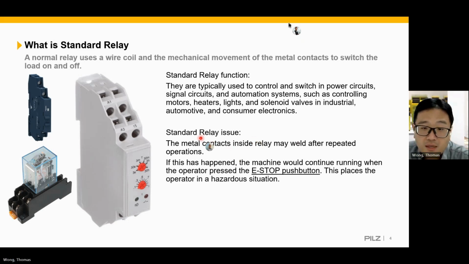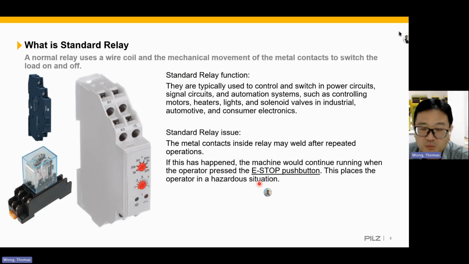We also look at some of the issues that could happen with standard relays. The metal contacts inside relays may weld after repeated operations, and this is called contact welding. It happens quite often. If this happens, the machine will continue running when the operator presses the e-stop button or any button for that matter. This places the operator in a hazardous situation.